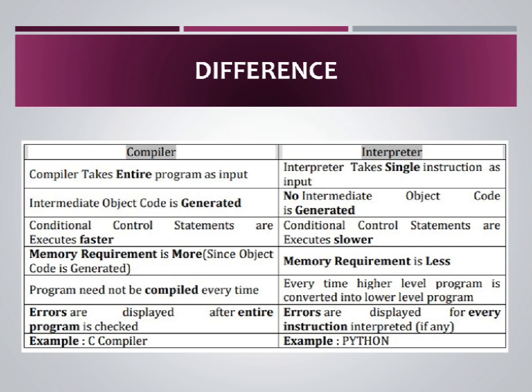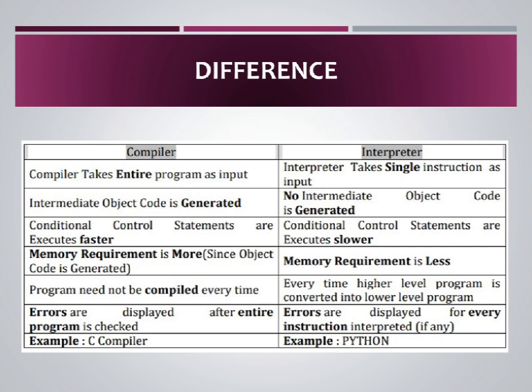As a programmer, you should understand the difference between a compiler and an interpreter. A compiler takes the entire program as input, whereas an interpreter takes a single instruction as input. Intermediate object code is generated in the case of a compiler, while in the case of an interpreter no intermediate object code is generated.